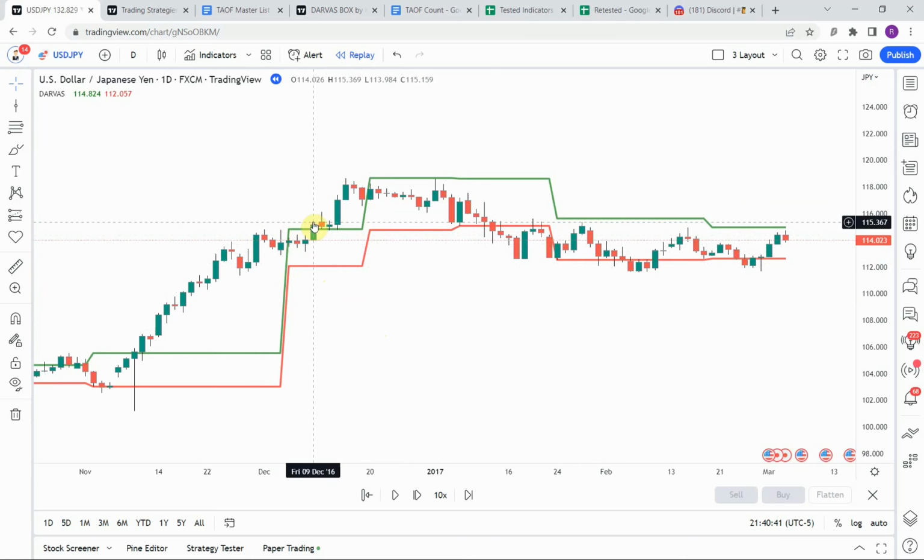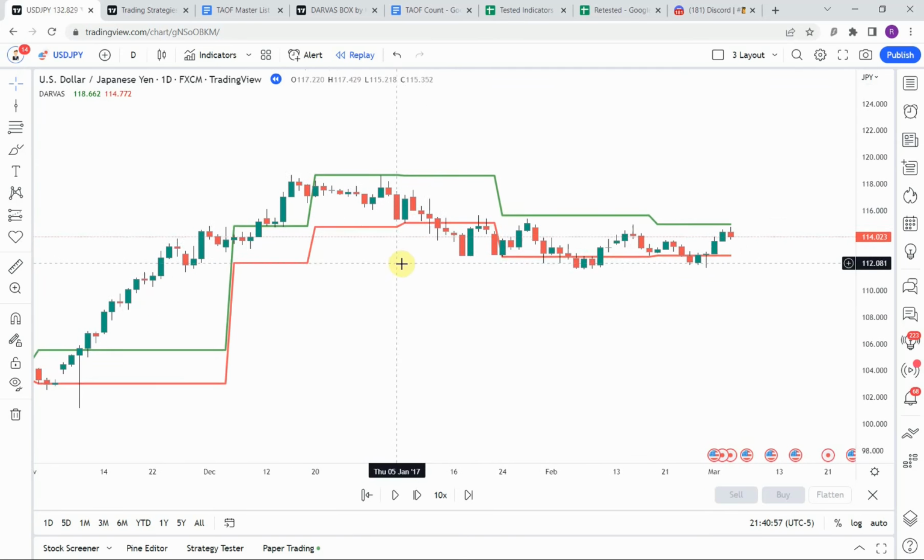And then you can see that it breaks out to the upside again right here. It breaks out above that green line and closes, and another not as good of a push, but another push to the upside nonetheless. That one also would have gotten us to take profit.